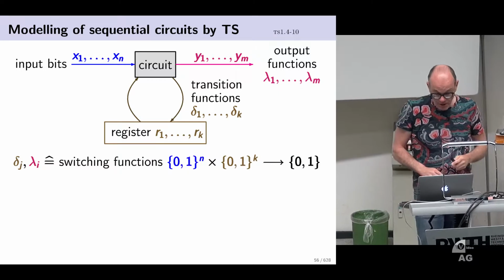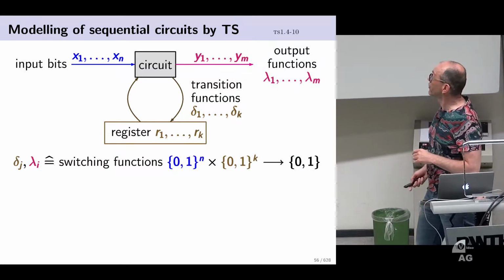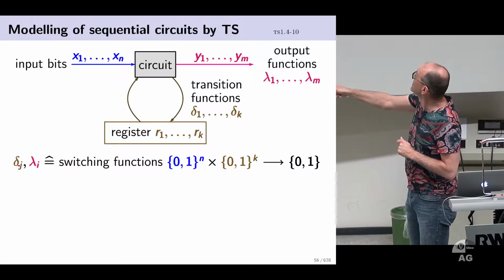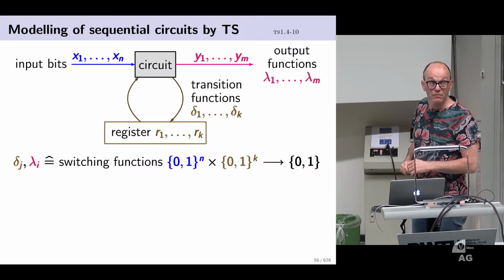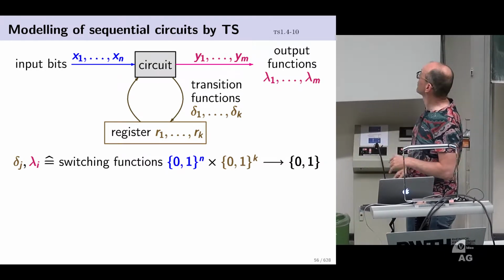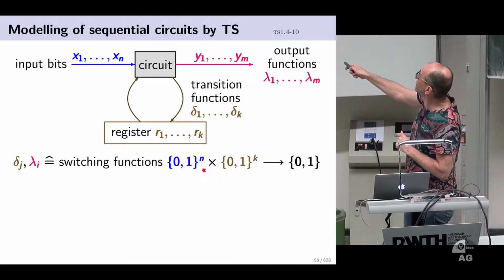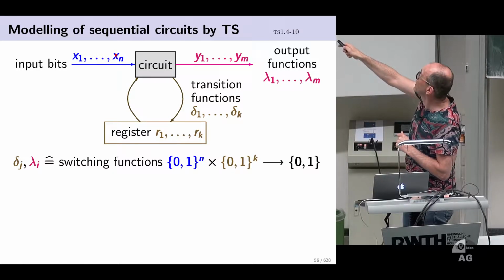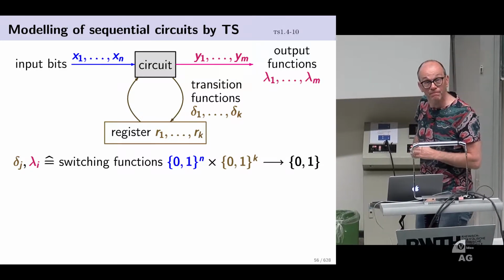Good. So what are these? The type of these functions are the following. So these deltas and these lambdas are all functions. We call them switching functions, but that's not so important. What do they do? They take as input, first of all, the input bits. So the input bits are n-tuples because I have n inputs. Every value is binary, so I have {0,1} to the power n.